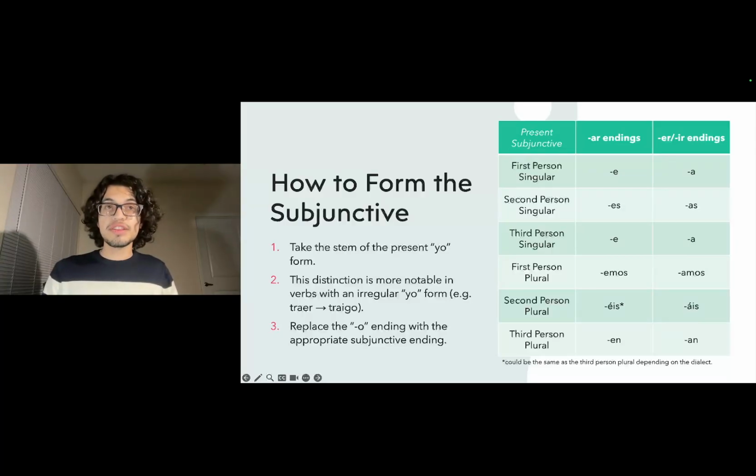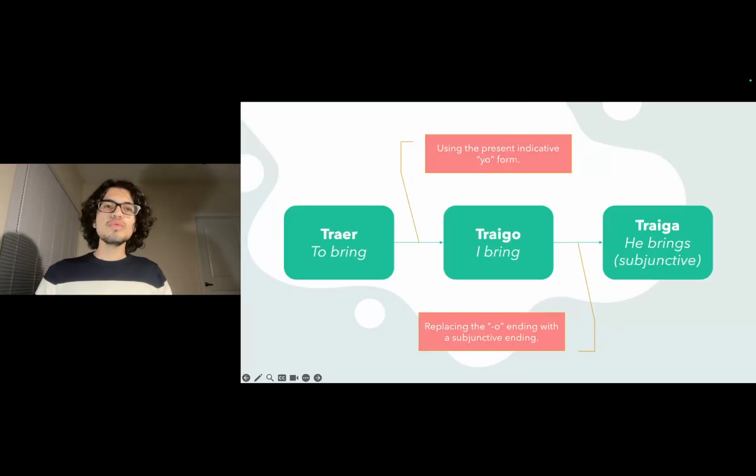So putting it all together, we go from traer, which means to bring, to traigo, which means I bring, and we use that form and modify it to become traiga, for example. He brings, but in the subjunctive.